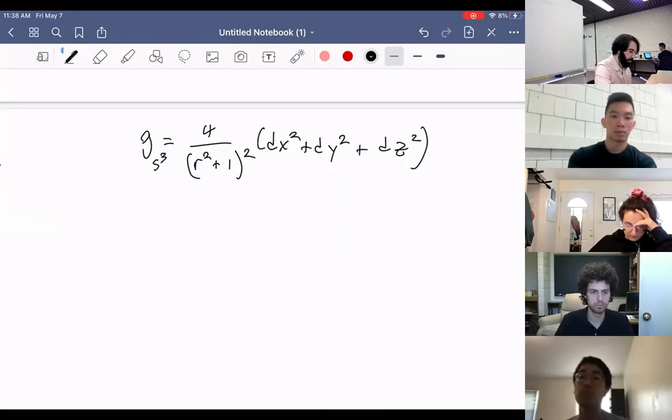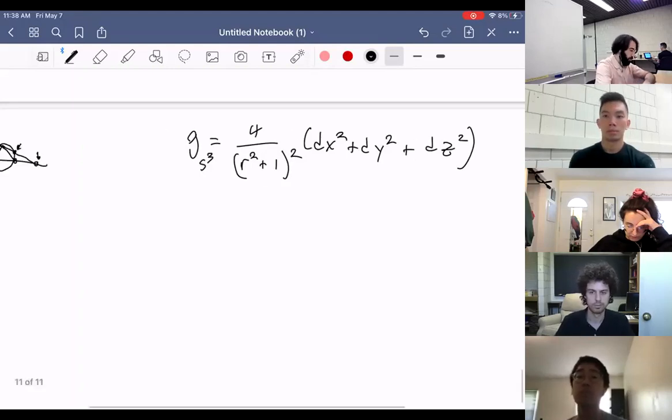R is obviously the radial direction. The only thing that you need to know about this is that the conformal factor in front of the metric depends on the position. The closer you are towards the center, the larger this quantity is, and the further away from the center, the smaller this quantity is.